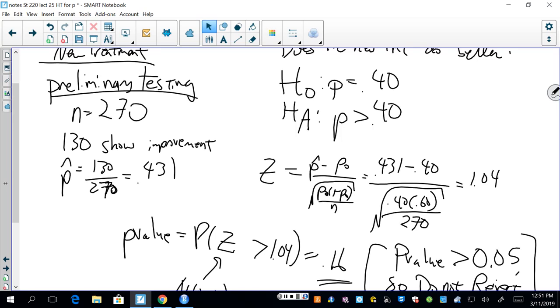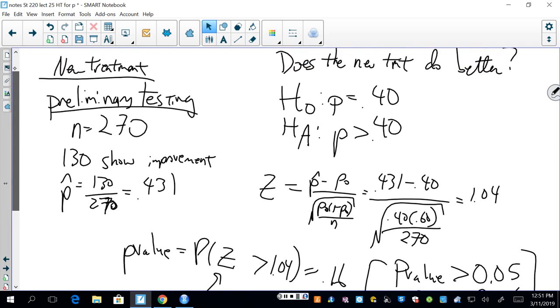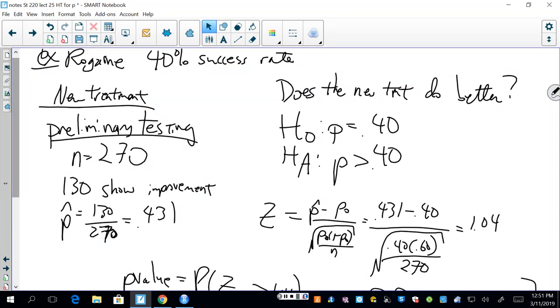Yeah. So, I understand this wasn't the original question, but wouldn't this also answer the question of whether it is as effective a treatment as Rogaine, because we've shown that there's no significant difference between it versus Rogaine? Right. So this one asks, does it do better? Is the proportion actually higher?